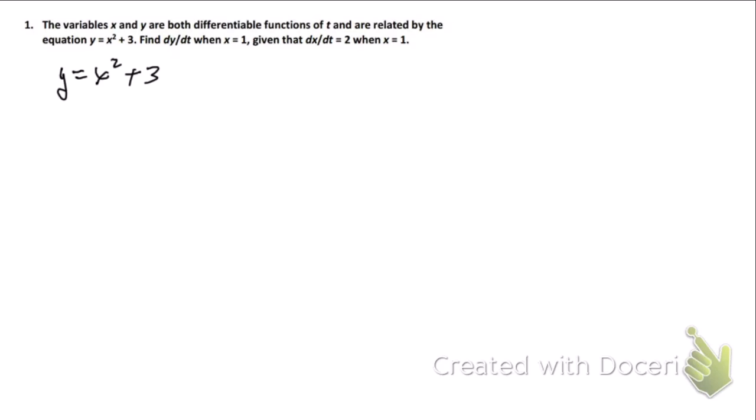Now it wants the derivative of y with respect to t, and then it's giving us dx/dt when x is 1. So what do we do? We differentiate both sides. Just like yesterday, we're doing this implicitly.